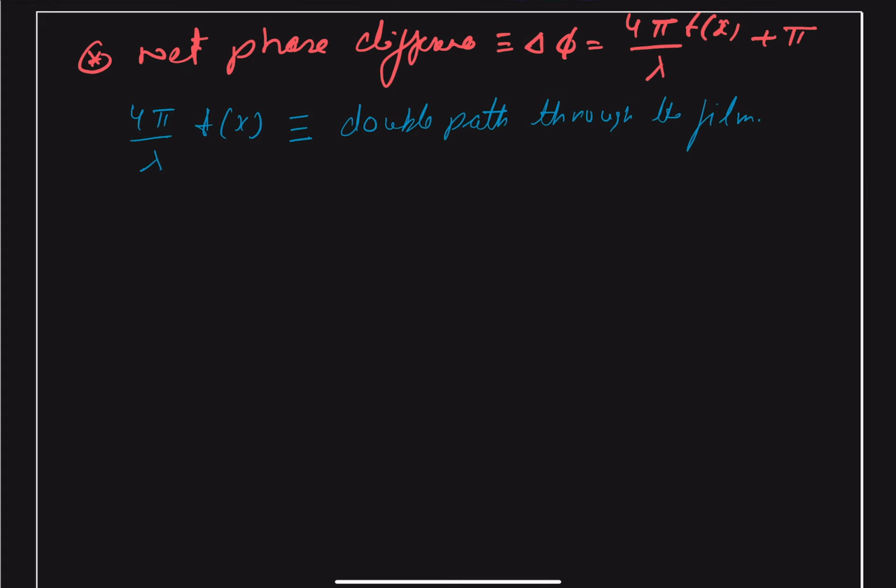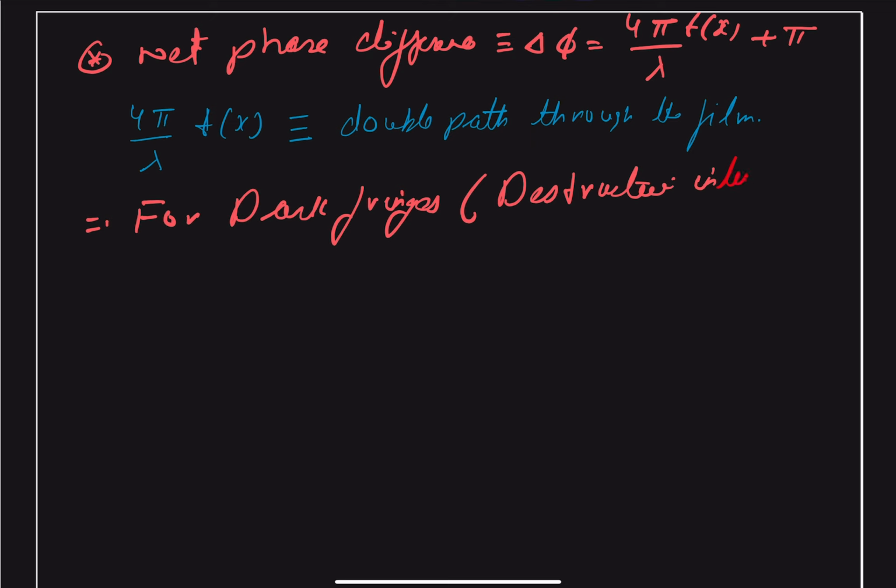We can write that for dark fringes, which is basically destructive interference, 4 pi t of x divided by lambda plus pi should be equal to 2m times pi, and this gives us that t of x will be equal to (m minus 1 by 2) times lambda by 2.